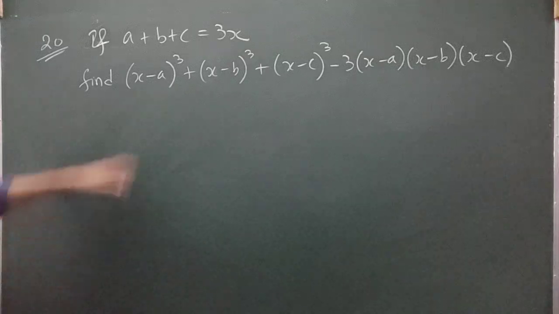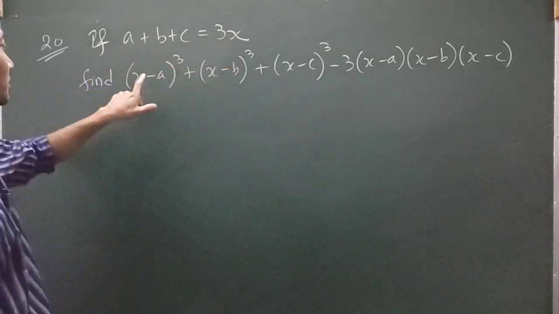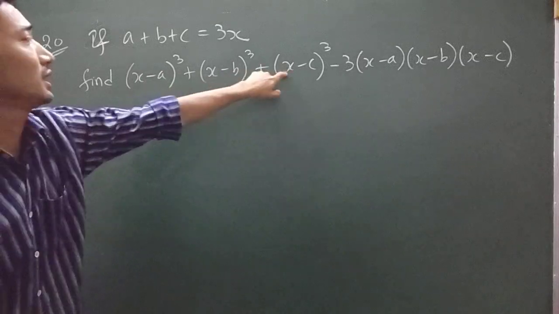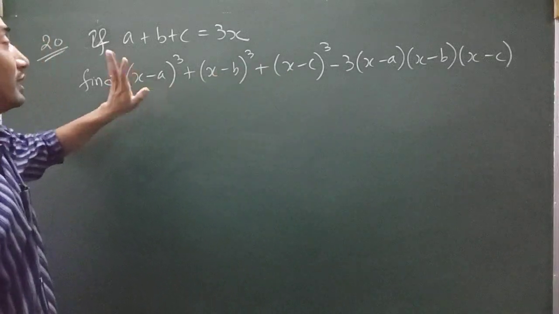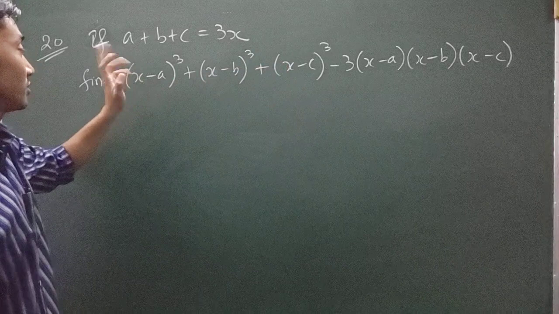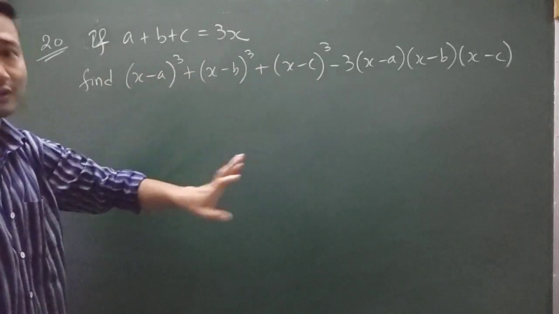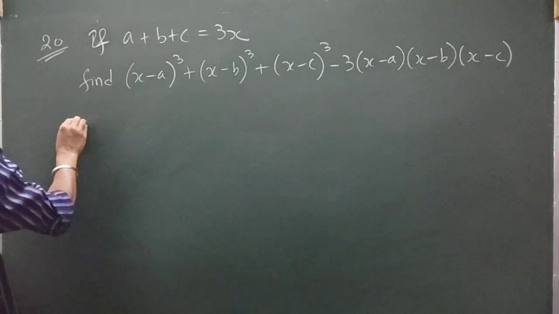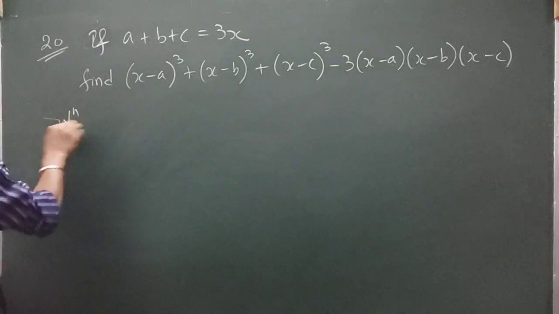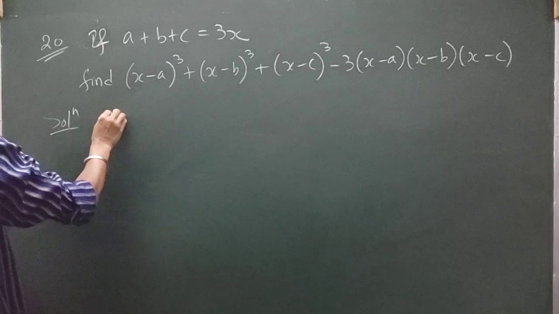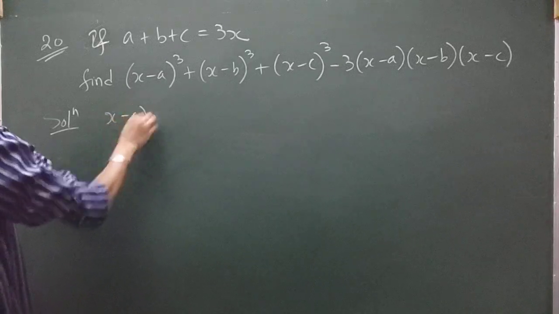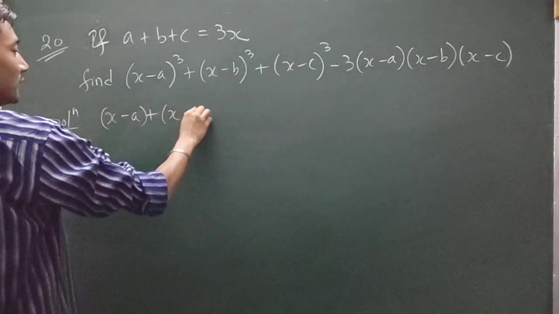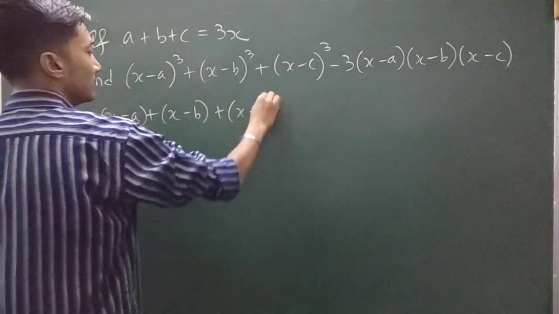So yeah, now you see a plus b plus c equal to 3x. So you see x plus x plus x, 3x, minus minus minus, so minus common, a plus b plus c, 3x. Now maybe we can try this one in a slightly different way. Let's just say x minus a plus x minus b plus x minus c.